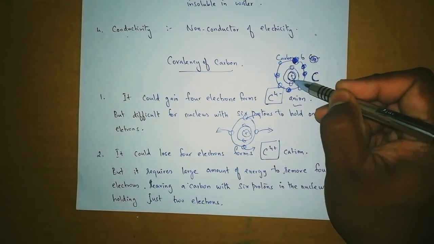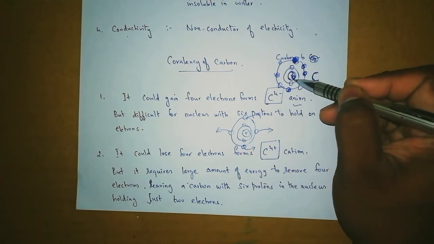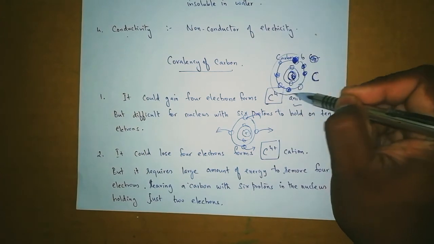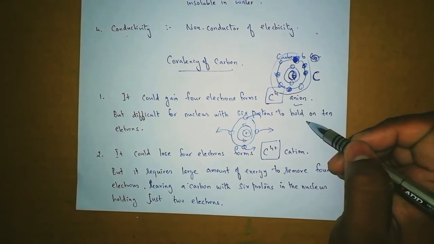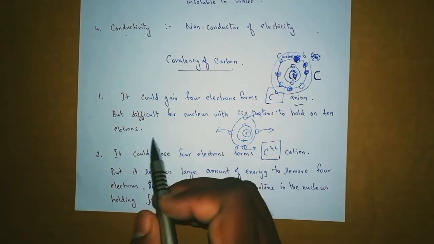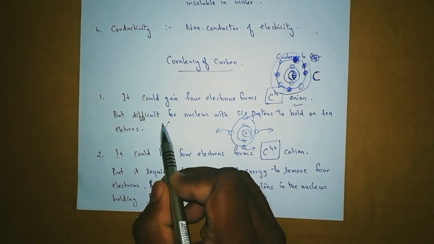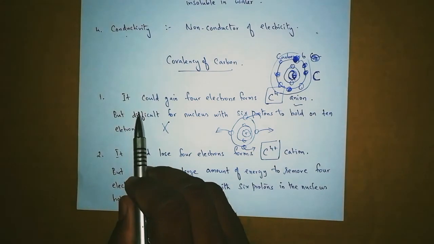But how many protons are present inside this nucleus? There are only 6. Is it possible that 6 protons can hold 10 electrons of this carbon after gaining those 4 electrons? That is quite impossible. This cannot happen.